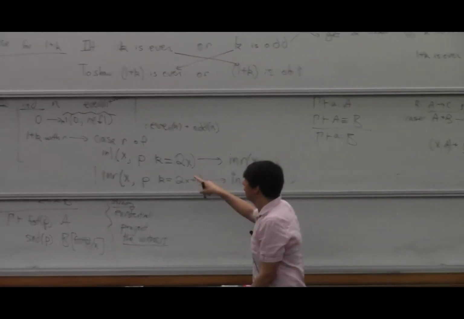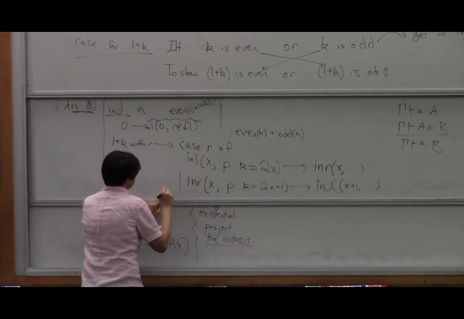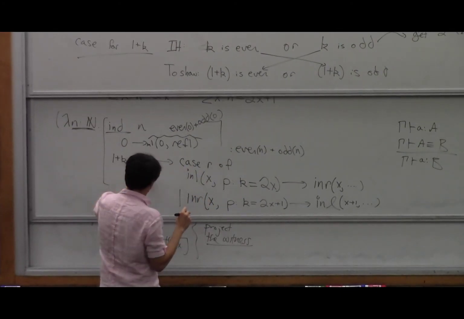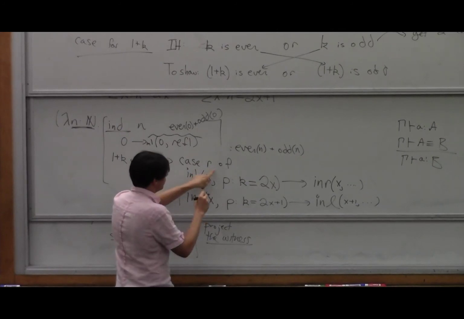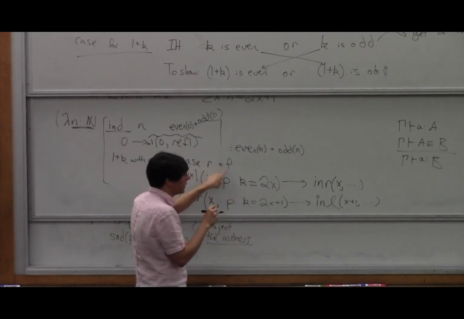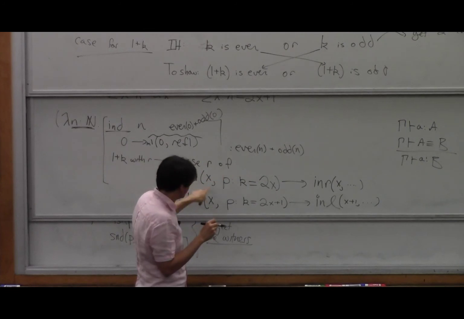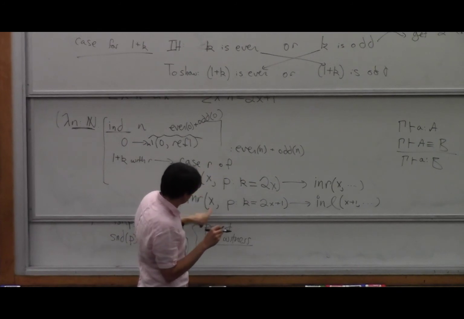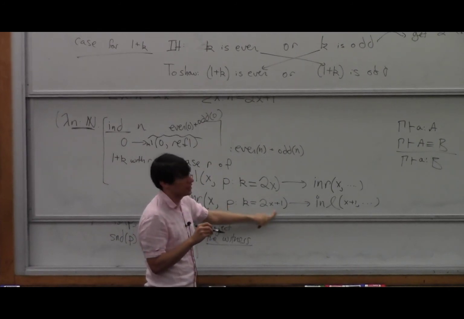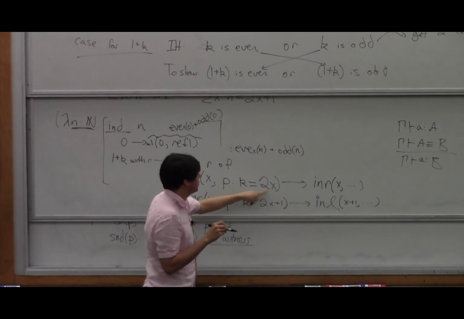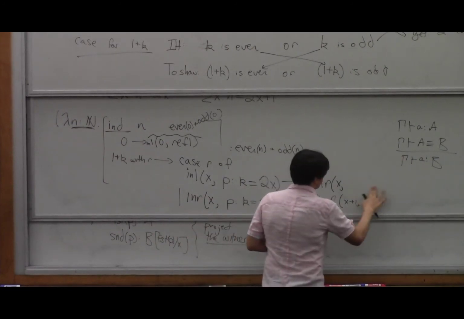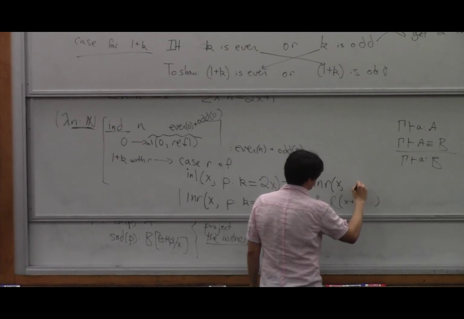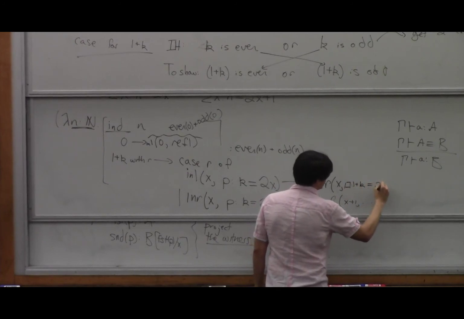So r here is what says that k is even or odd. In the case where k is even, we get an x and we know that k is 2x. In the case where k is odd, we get an x and we know that k is 2x plus 1. If k is 2x, then the same x shows that 1 plus k is equal to 2x plus 1.